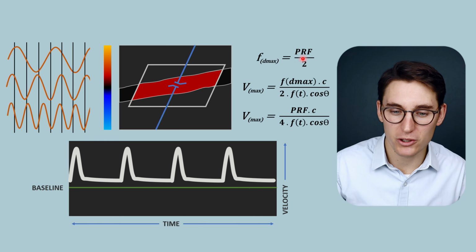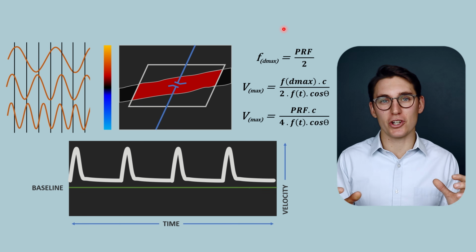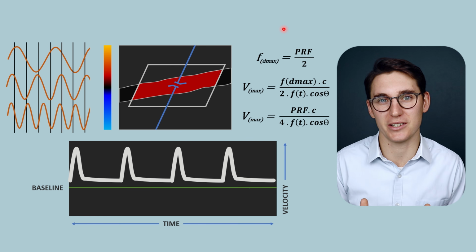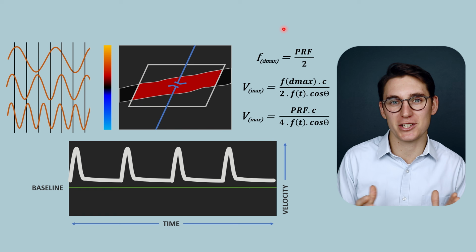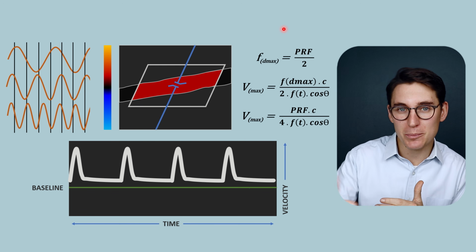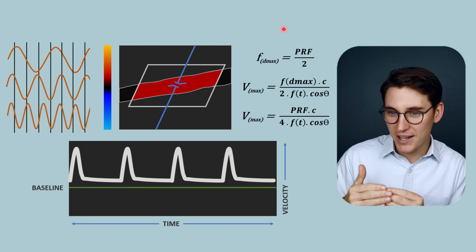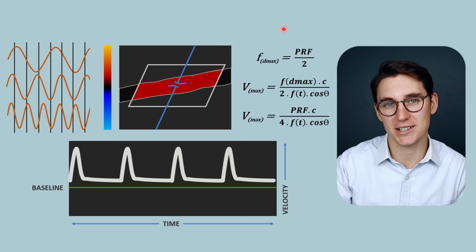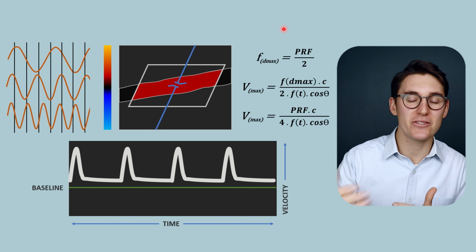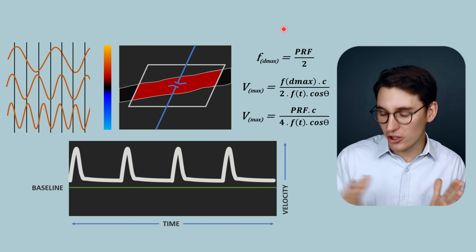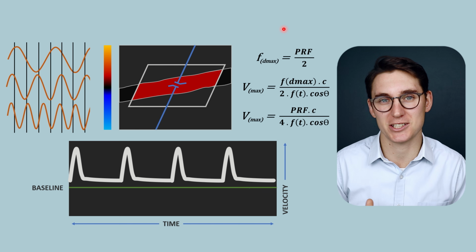Now we've seen that the pulse repetition frequency is the inverse of our pulse repetition period. Now we set our pulse repetition period depending on how deep in the tissue we want to image. The deeper we're trying to measure within the tissue, the longer that receive time has to be. Therefore, the longer our pulse repetition period has to be.